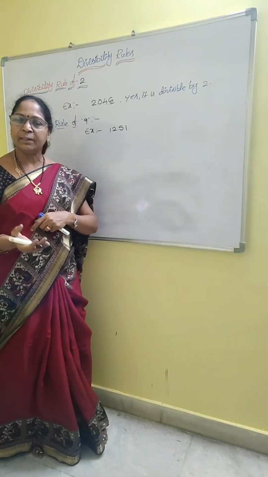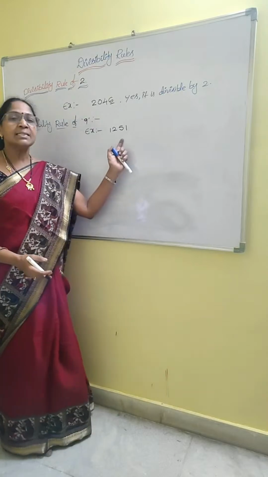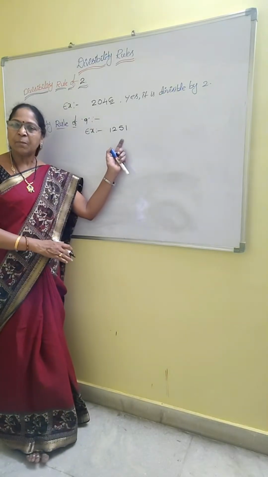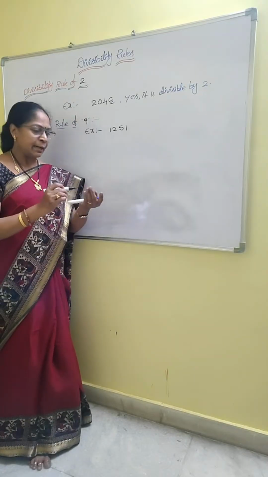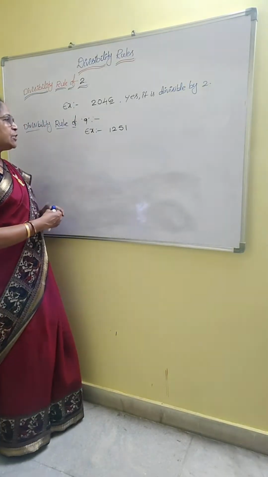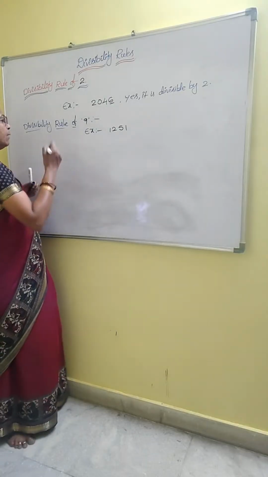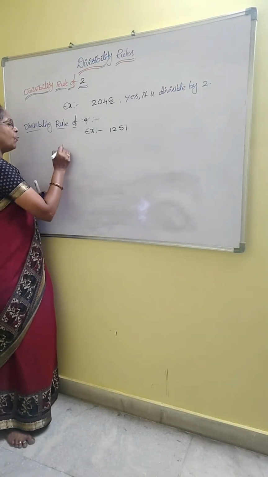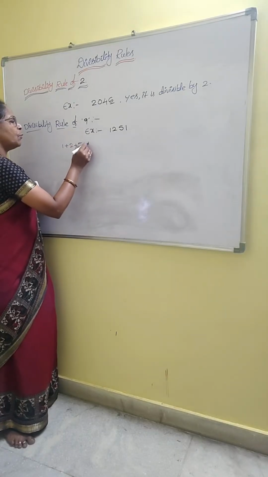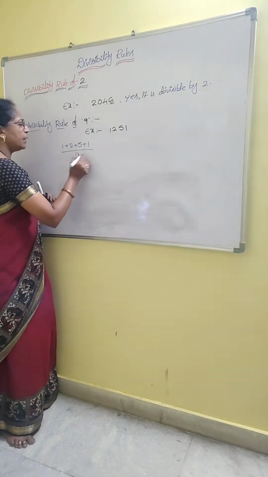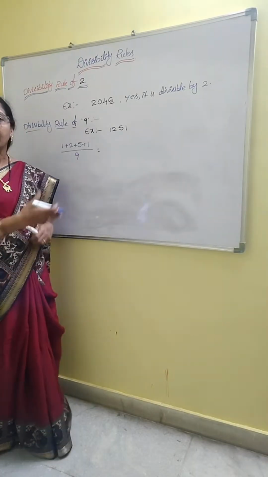What is the divisibility rule of 9? If the sum of the digits is divisible by 9, then only the given number is divisible by 9. So how can you write here? You have to check it here. Now 1 plus 2 plus 5 plus 1 divided by 9. Now add those digits.